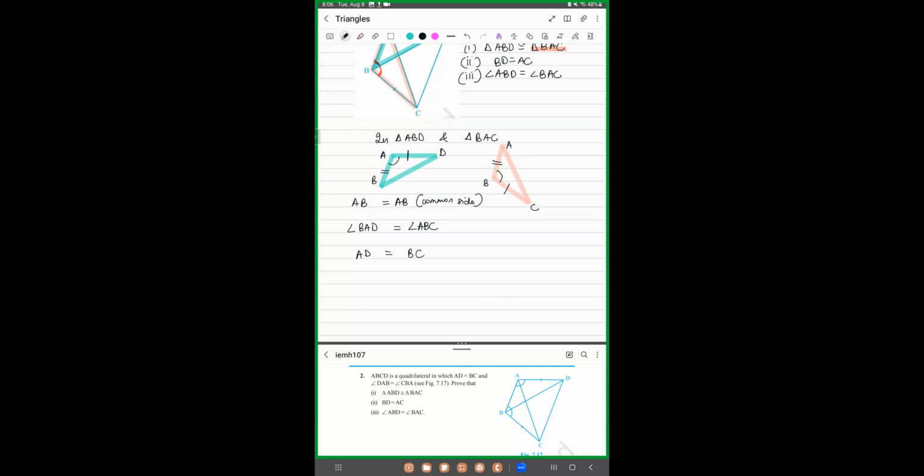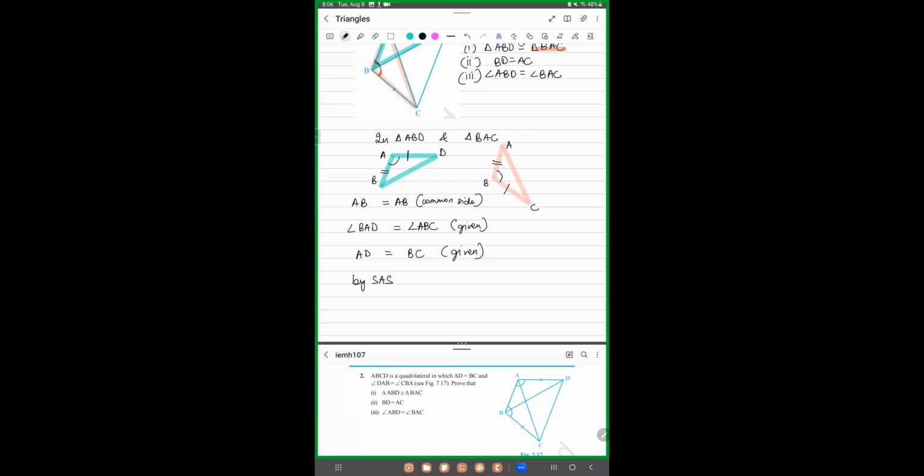What can you see? You can see side, angle, side. There's a side, there's another side, and that angle happens to be between those two sides. So they are congruent by SAS rule. And over here you have to write given. Otherwise, your marks may be deducted, okay?